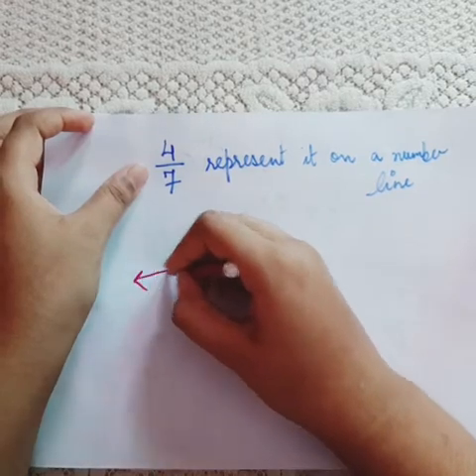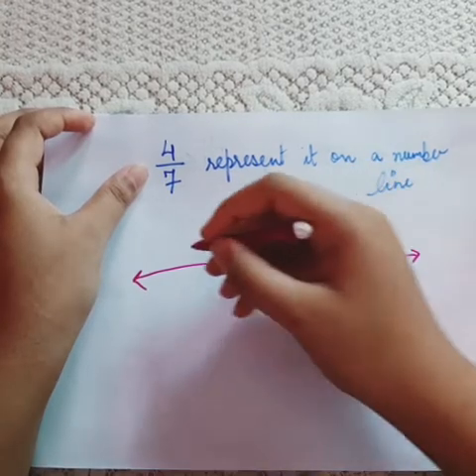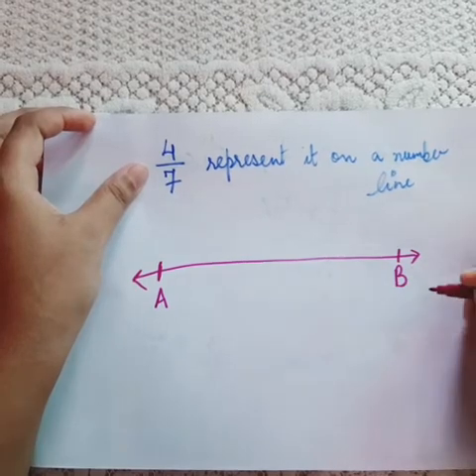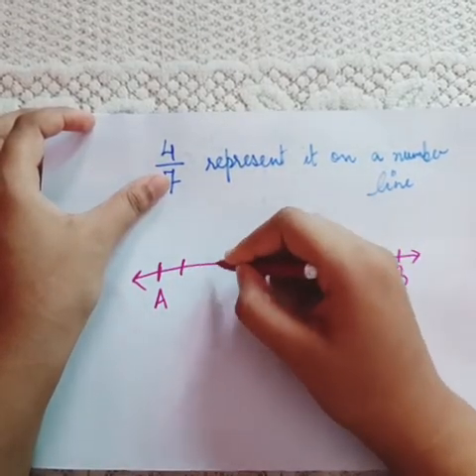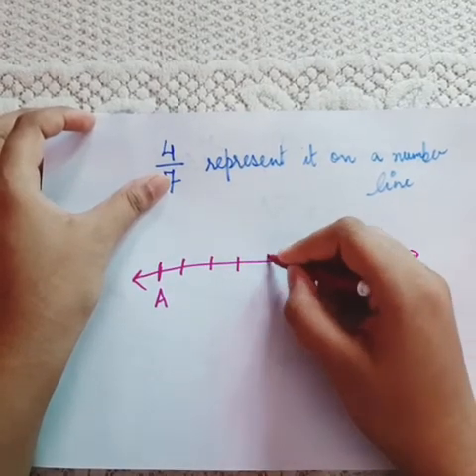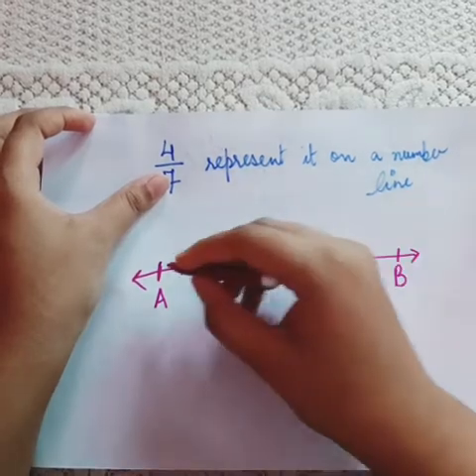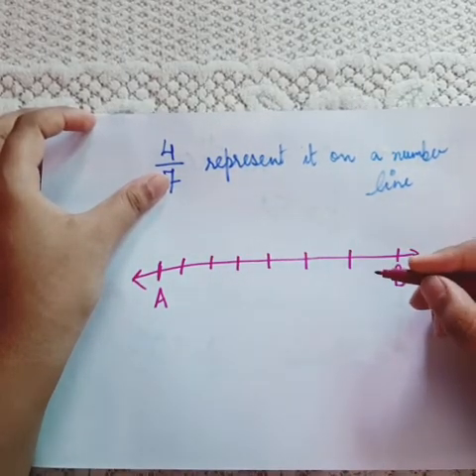You draw a line, okay? You divide it into 7 parts. Fix some points like A and B, and then between these two make 7 parts. Part number 1, 2, 3, 4, 5, 6 and 7. We did it in 7 parts.